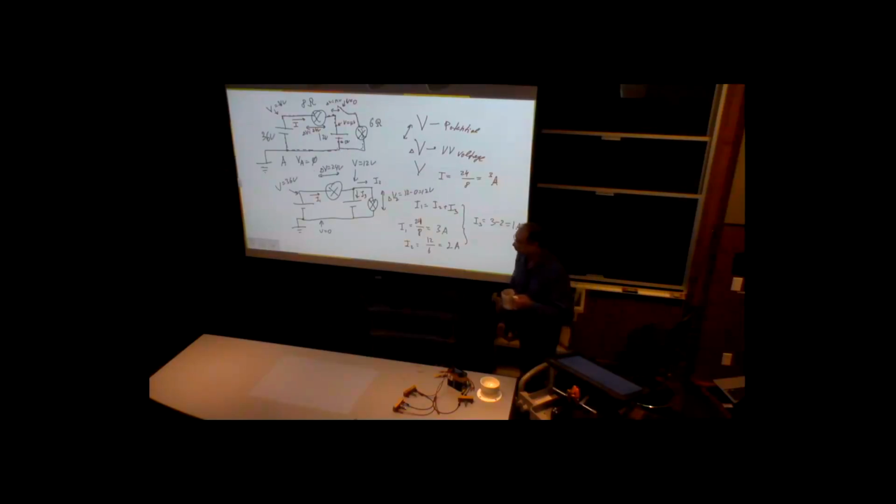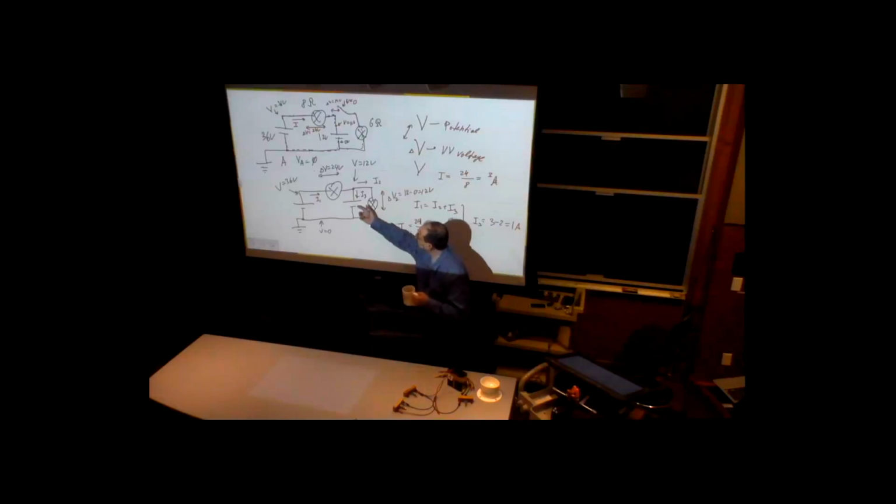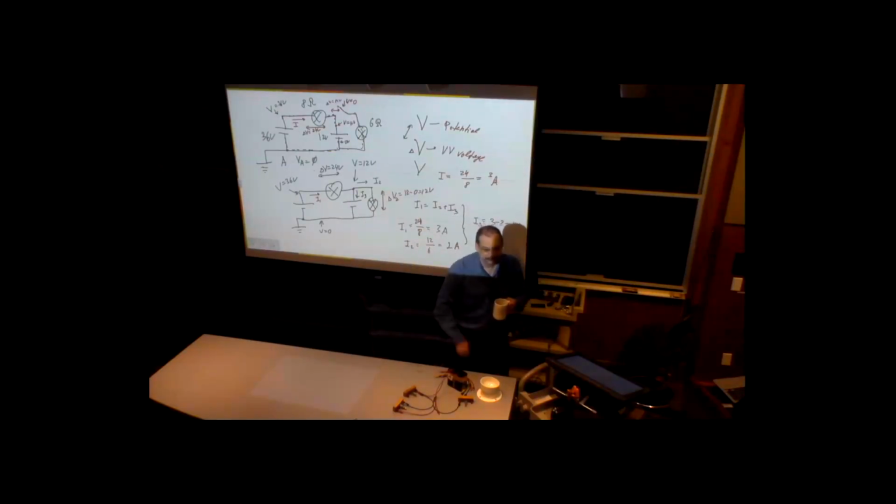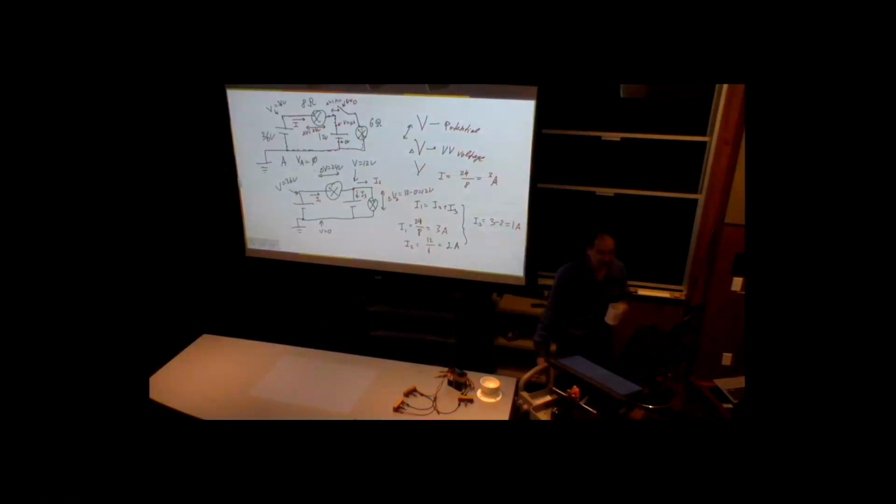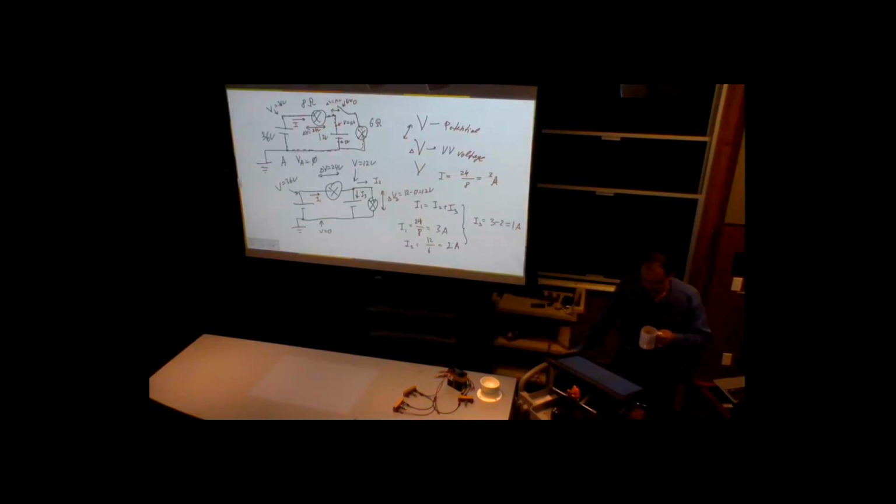You can replace this battery with a more powerful battery, and that will change the current. That's it. If you had two identical batteries, the first bulb would not be on at all because you would have 0 voltage across it.